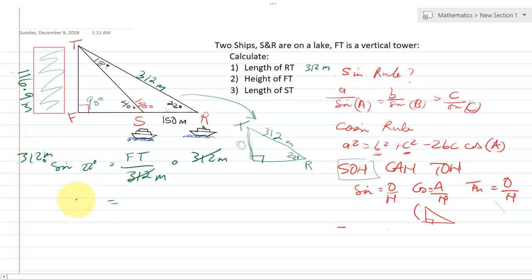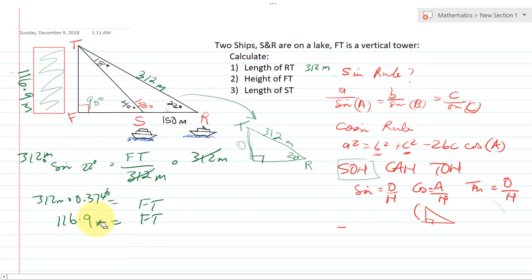So 312 times sine 22 would be 312 times 0.3746, which is equal to FT, which is 116.9. So it's the same answer.